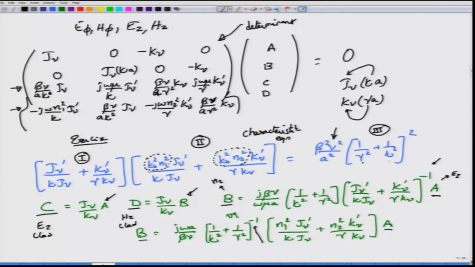If I assume that the first term, that is J nu prime by kappa J nu plus K nu prime by gamma K nu, is equal to 0, then I impose this condition back in the relationship between B and A. This term is 0 and unfortunately it occurs in the denominator, and because nu equal to 0 is also occurring in the denominator, these two are going to be something like a 0 by 0 form, okay.